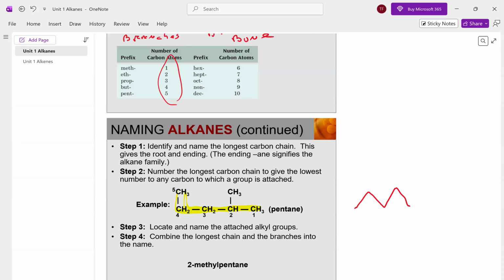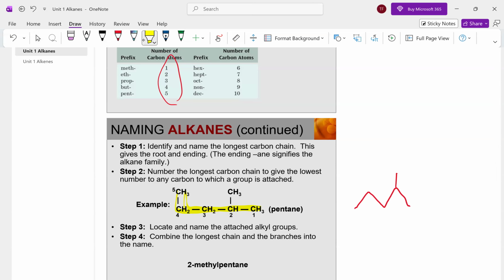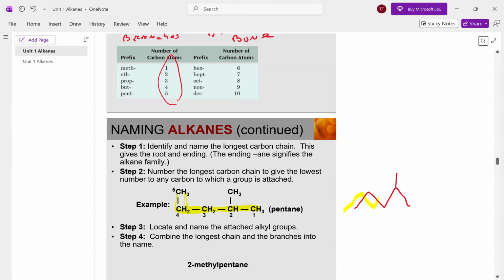Okay, now what you're going to start to do is start naming the backbone now. That shows up better up there than that.